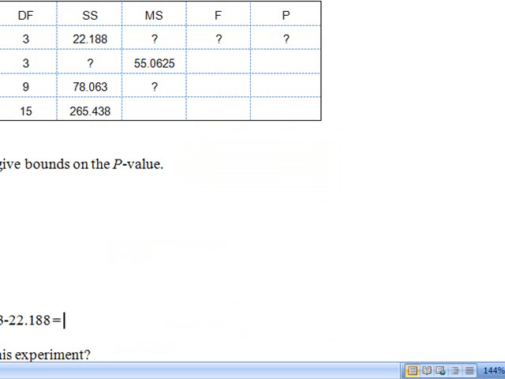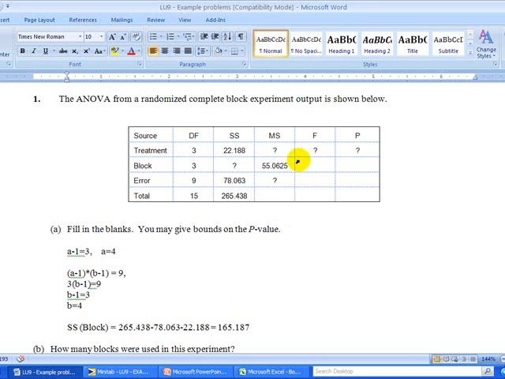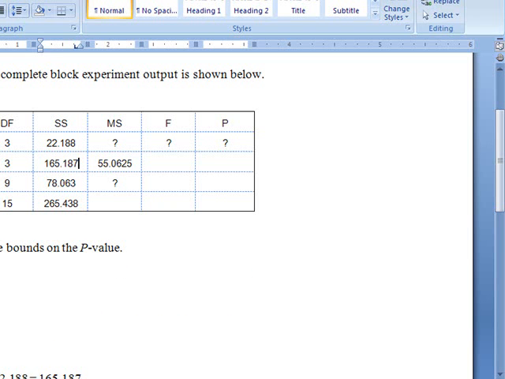This is equal to 165.187. So we can put this value here, 165.187.